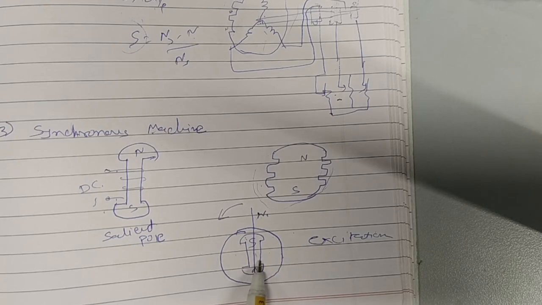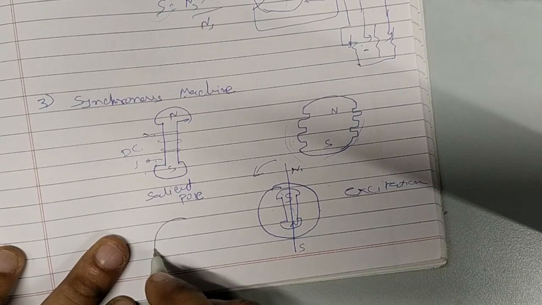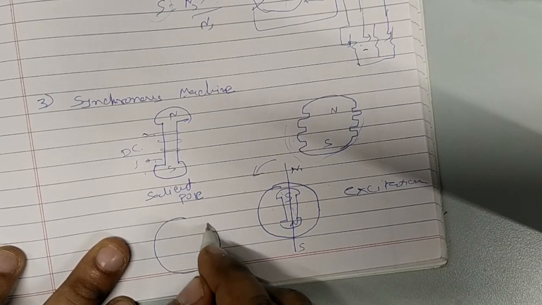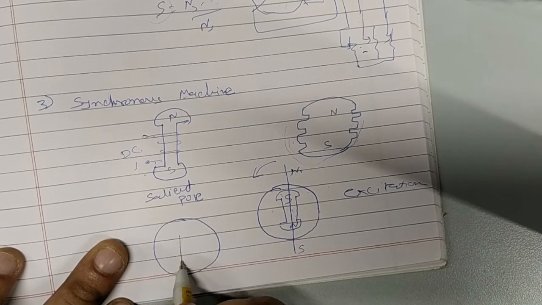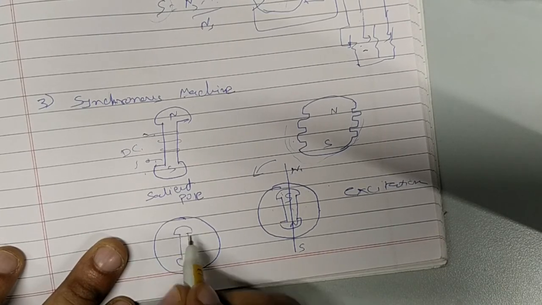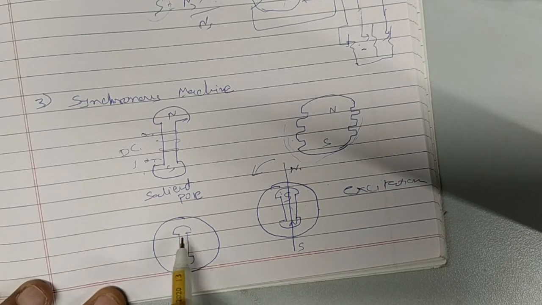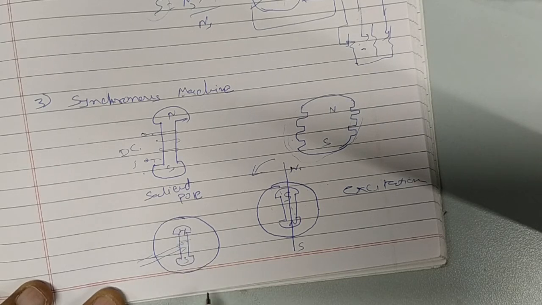Suppose I want to operate the same machine as a generator. So I need the stator structure like this, and let us say we will have a rotor like this, the salient pole type of rotor. Initially, as this is a generator, we need to give mechanical input so that it can rotate, plus we have to give the DC excitation also, so that some kind of pole will be generated.